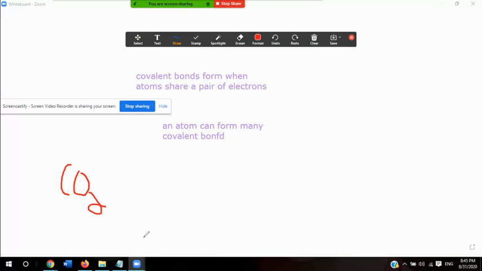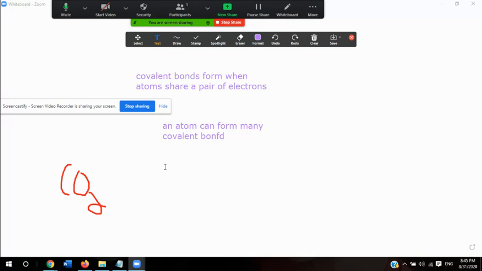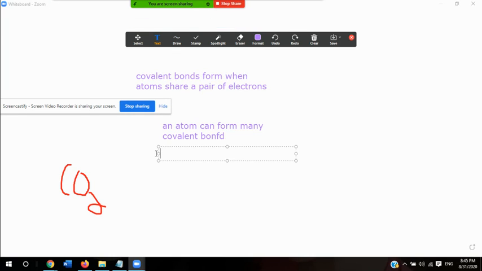You will see a little bit later, I think in the next section, an example of bonds that are covalent, but not necessarily a strong bond. But generally, covalent bonds are strong bonds. Okay, generally strong bonds.